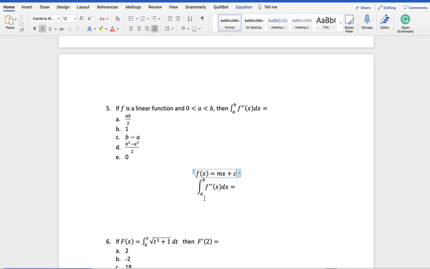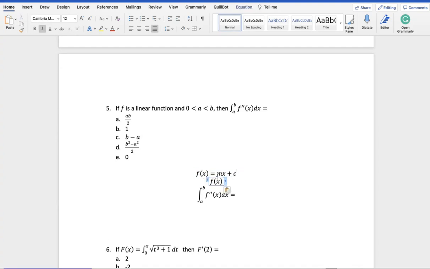So then, if you have that f of x has this general form, right? What do you think is the derivative of f equal to? It is equal to m. Right. Thank you.